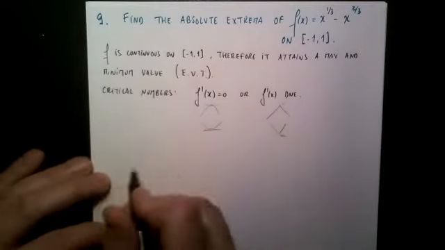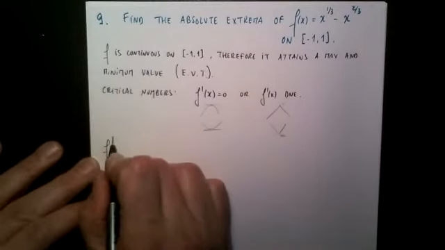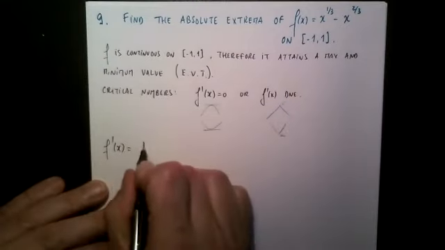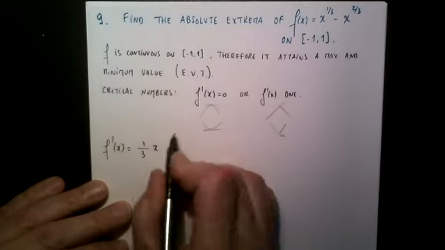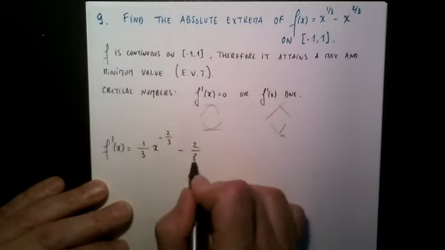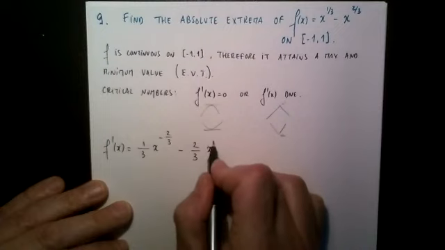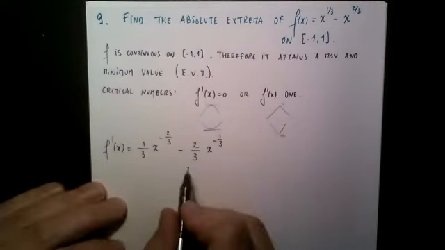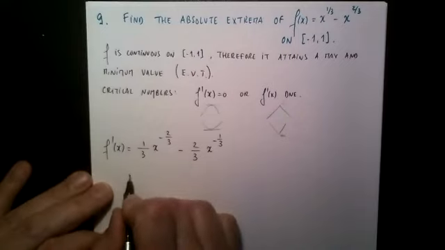Okay, so let's find the derivative. That's the first thing we need to do. So f prime of x is equal to, if I derive this, I get 1/3 x to the negative 2/3 minus 2/3 x to the negative 1/3. All right. So let's simplify this a bit.